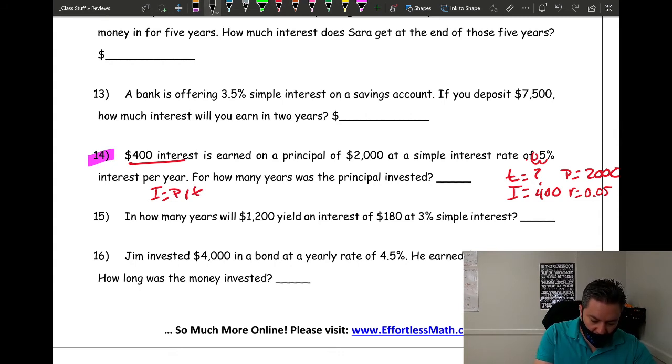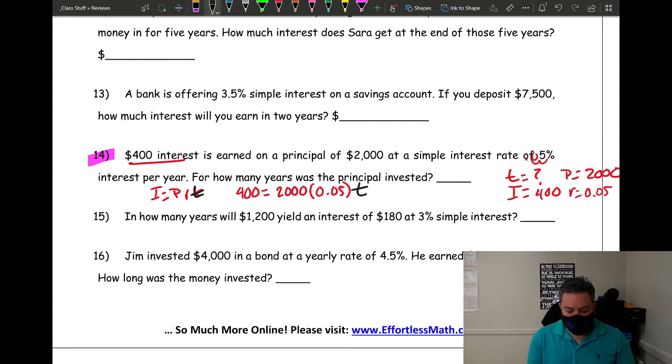We are looking for T. So we're going to substitute everything that we know. So, I equals 400. My principal is 2,000. My rate is 0.05, and I'm looking for the time.